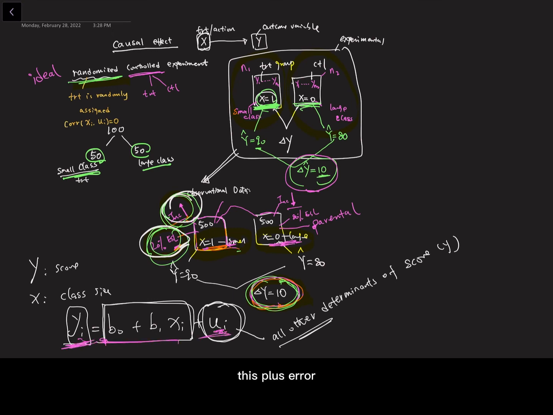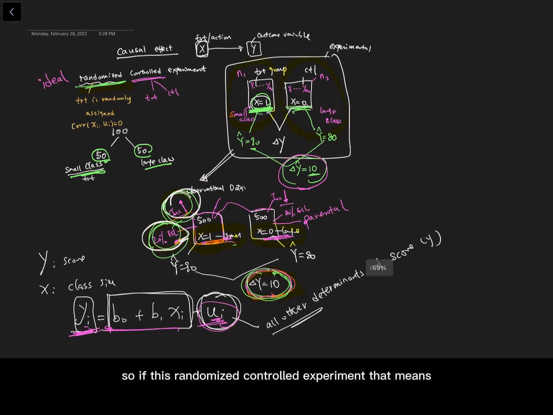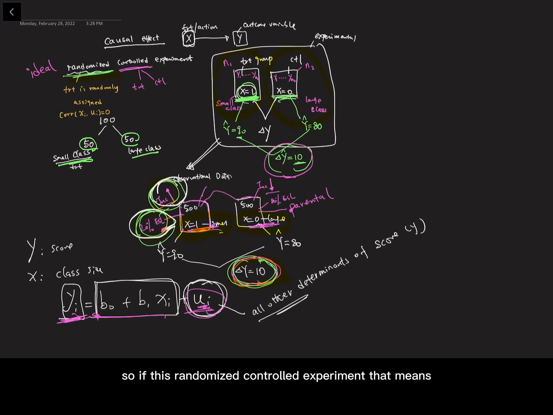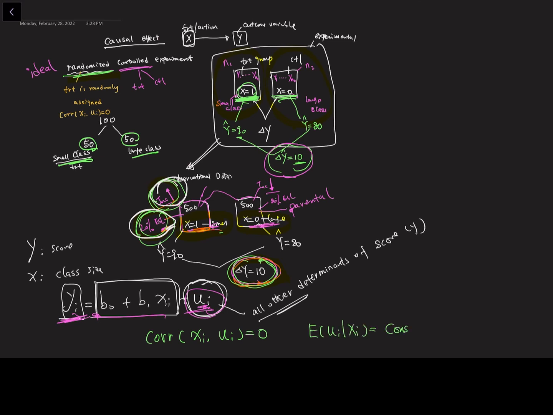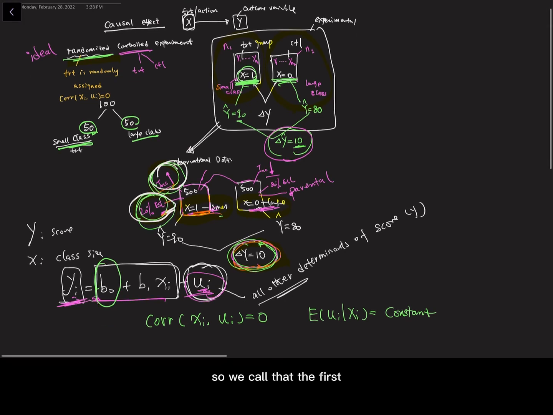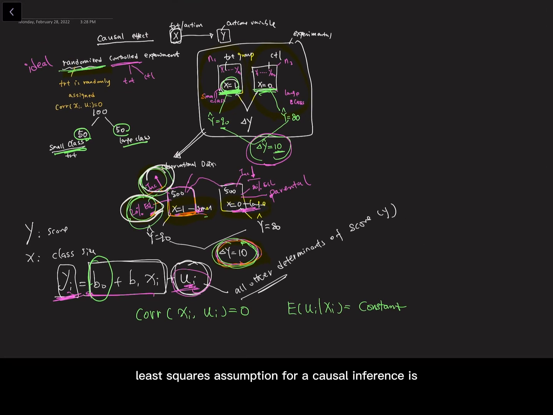So if this is a randomized control experiment, that means there will be no correlation between the treatment and all other determinants of Y. In other words, the expected value of error given X is 0, a constant. And because you have an intercept here, we call that the first least squares assumption for causal inference: the expected value of error given X is 0.